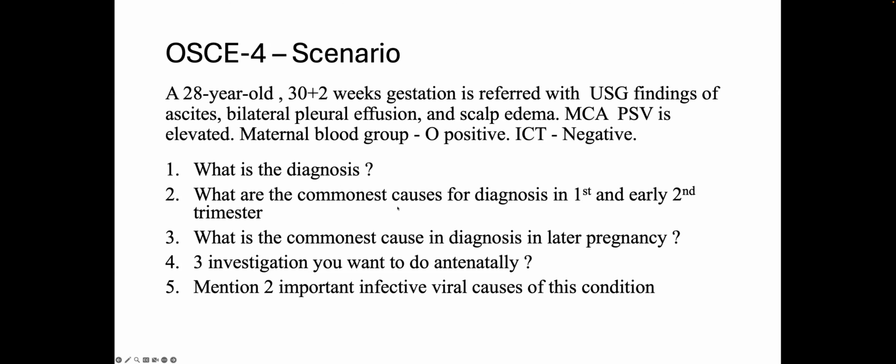What are the common causes of this diagnosis in the first and second trimester? What is the commonest cause of this diagnosis in later pregnancy? Name 3 investigations you want to do antenatally in such cases, and mention 2 important infective viral causes which can cause this condition. We'll wait for a minute for answers, and then we'll go ahead with the answers.